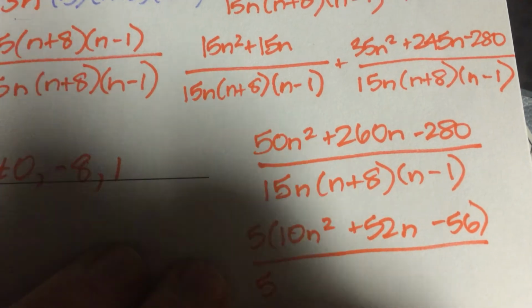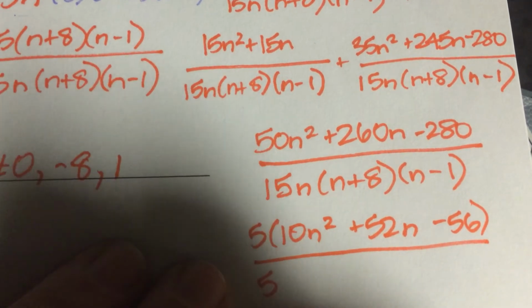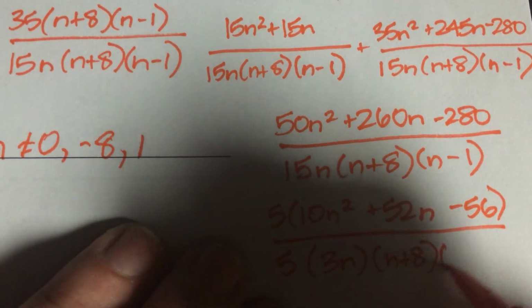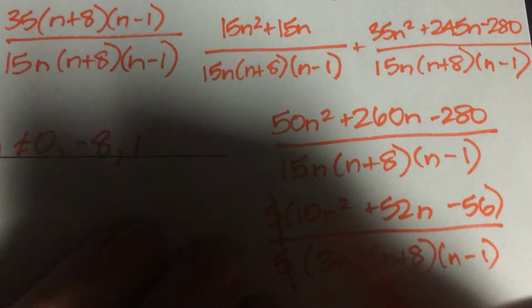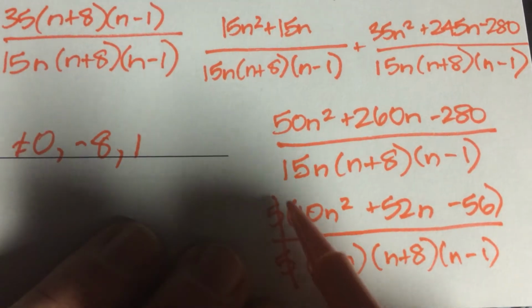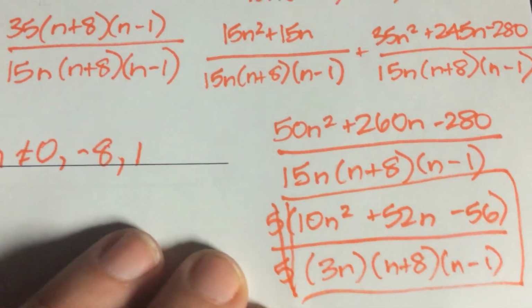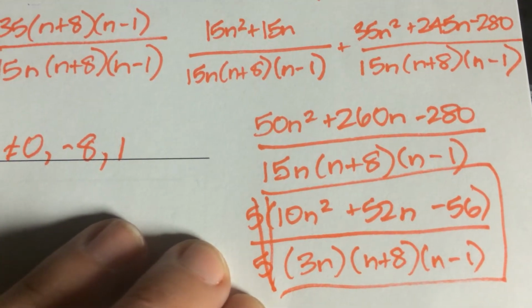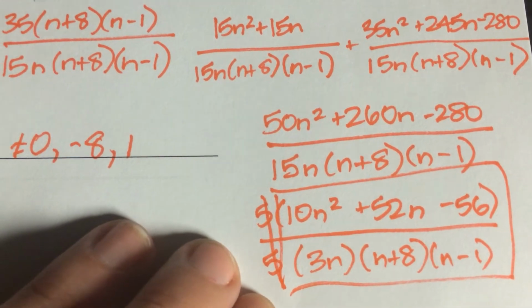Over 5 times that 3n that would be left, times n plus 8 times n minus 1. Okay, so if you wanted to cross those out and just have this as your final answer, that's also correct, and probably more correct because it's the simplest version. So hopefully that's helpful to you.